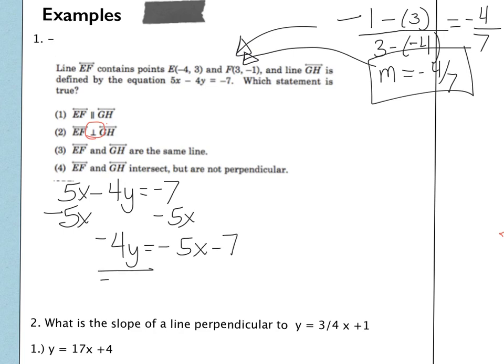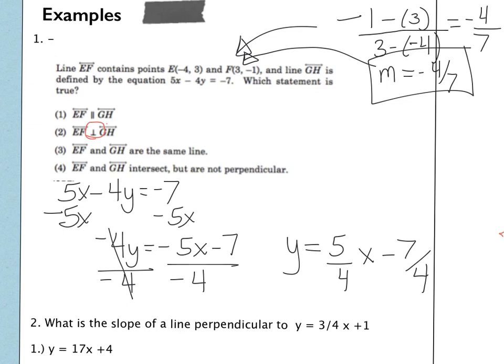Now I divide both sides by negative 4, which gives me y, because these cancel out, equals negative divided by negative, which gives me a positive 5 over 4 x, and then minus 7 over 4.